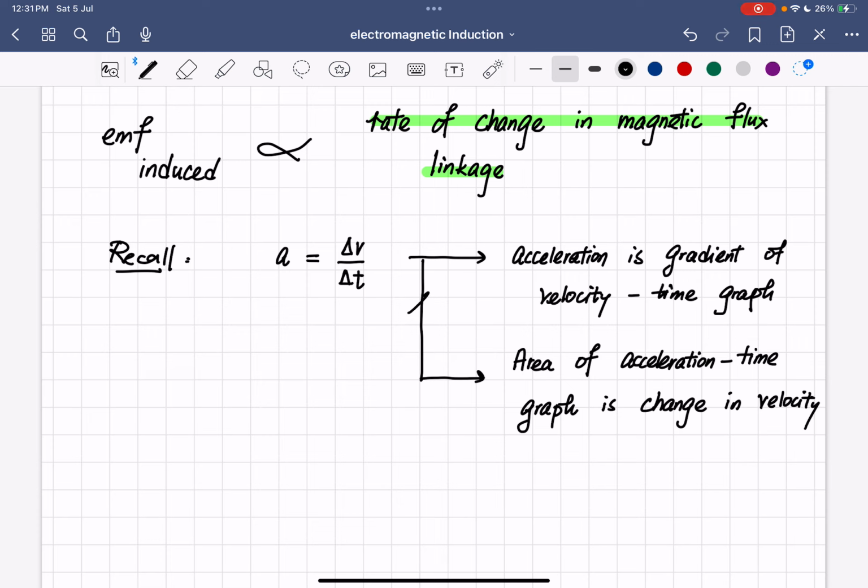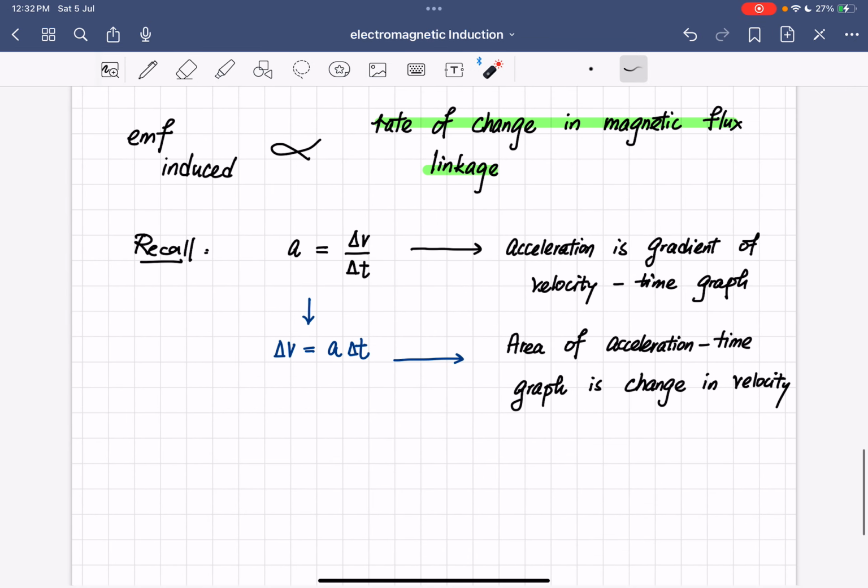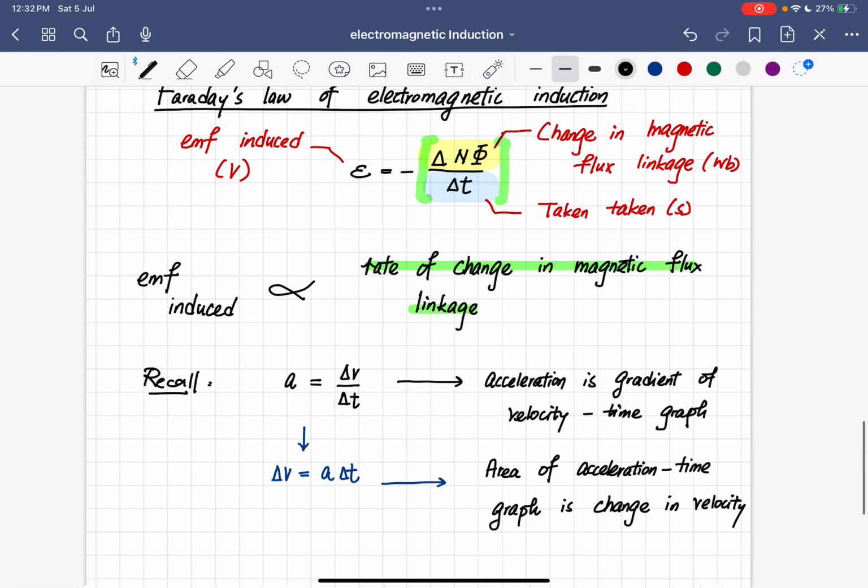If this is not that obvious, maybe I take an alternative path. I can write this as delta V equals A times delta T. But this A times delta T can be written as the area of the AT graph. So this is what we have learned a long time ago. Therefore, we will apply the same logic here.